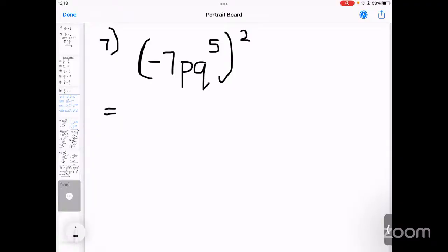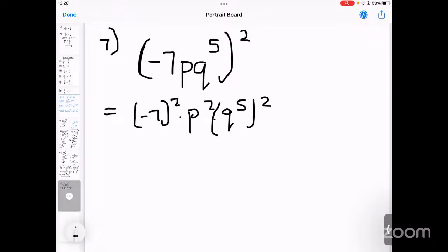So you basically first write opening brackets, and then you write the negative 7 closed brackets to the power of 2, times p to the power of 2, times open brackets q to the power of 5 close brackets to the power of 2.